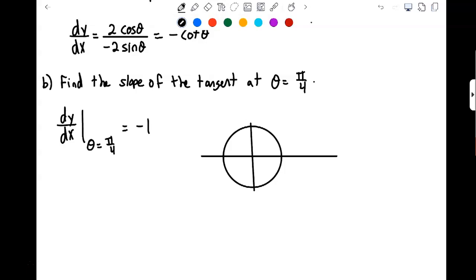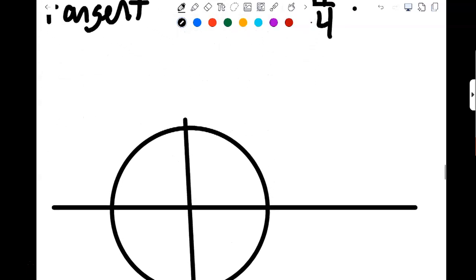And at pi over 4, in other words, at an angle of 45 degrees, coming out here, we would have our tangent line, and it would be this tangent line right here. It looks something like this.